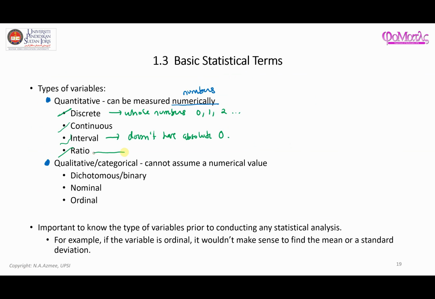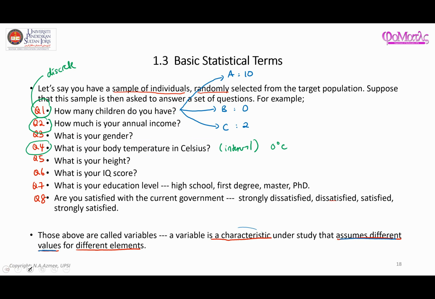So a ratio variable, as opposed to an interval variable, has absolute zero. As an example, what is your height? This is a ratio variable, because if the height is 0 centimeter, it literally means that person doesn't exist. 0 centimeter means there is no height at all.